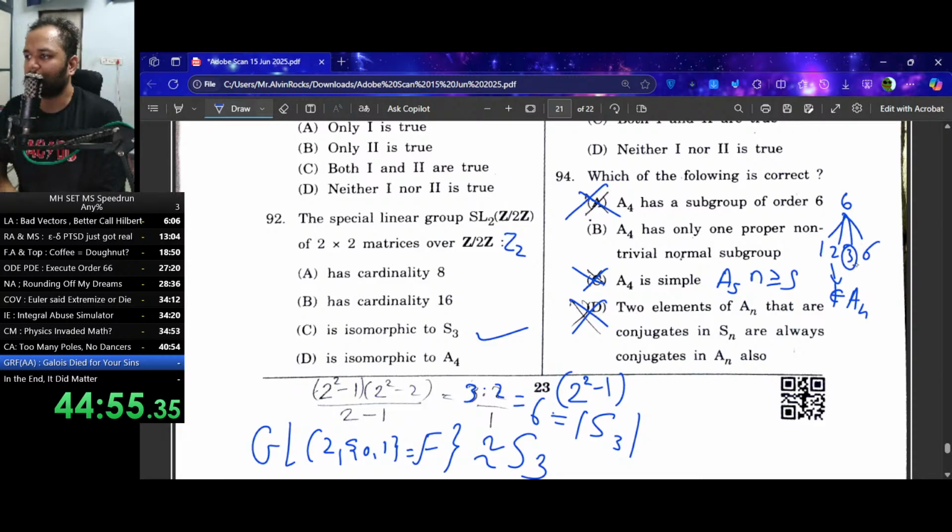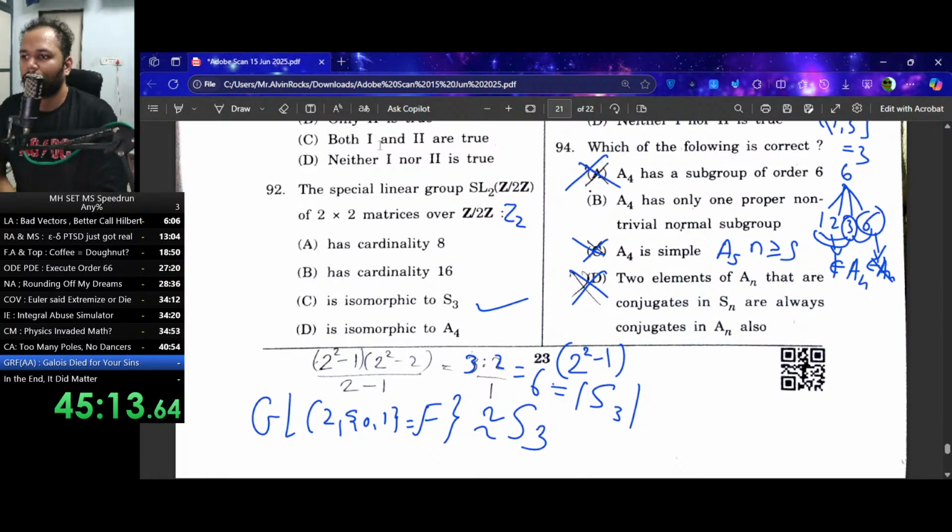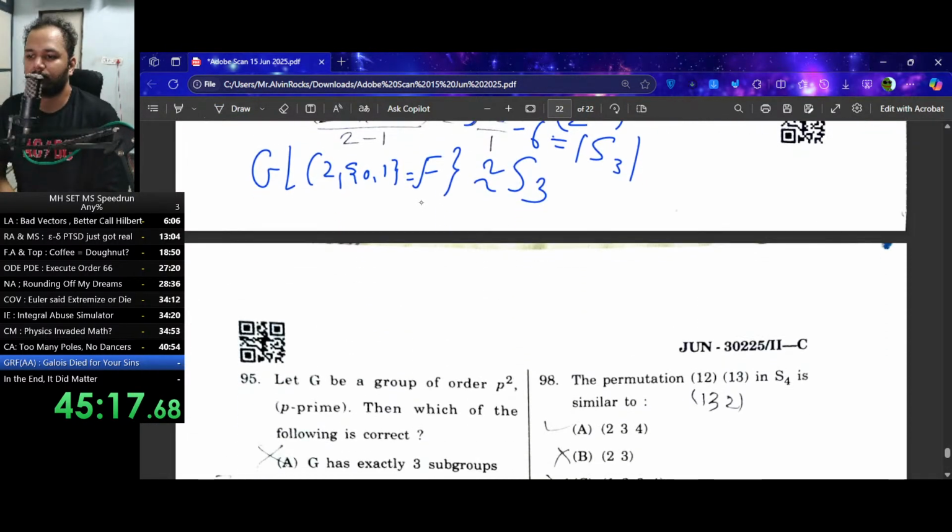So 3 and 6 would generate it, but 6 is not there in A4. So only 1 and 3. So the LCM of 1 and 3 is at most 3. Not possible.